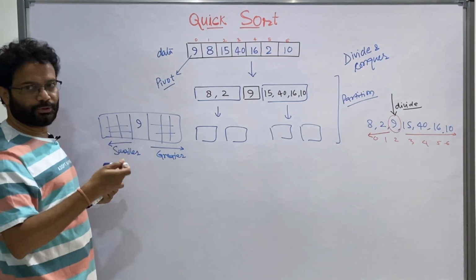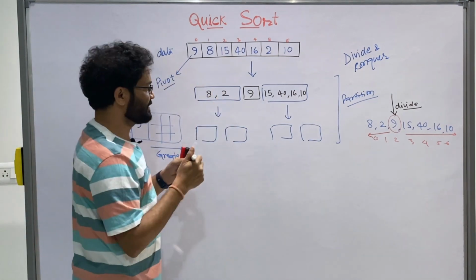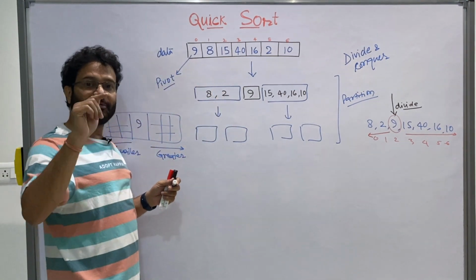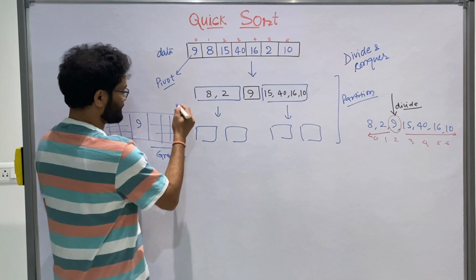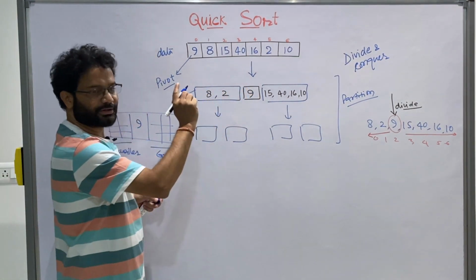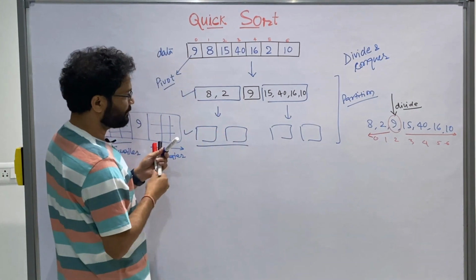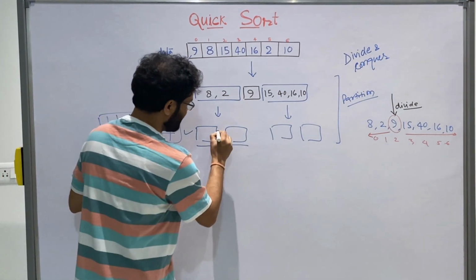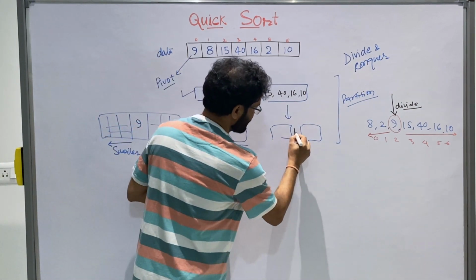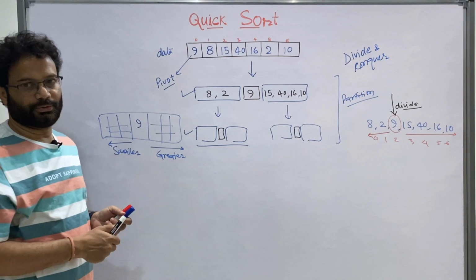Every time you divide your data set, at least one number must be sorted. So in this first partition, one number got sorted. Now in the second division, one number must be sorted here, and the same way one number is sorted here, and this is the way we can continue, right?